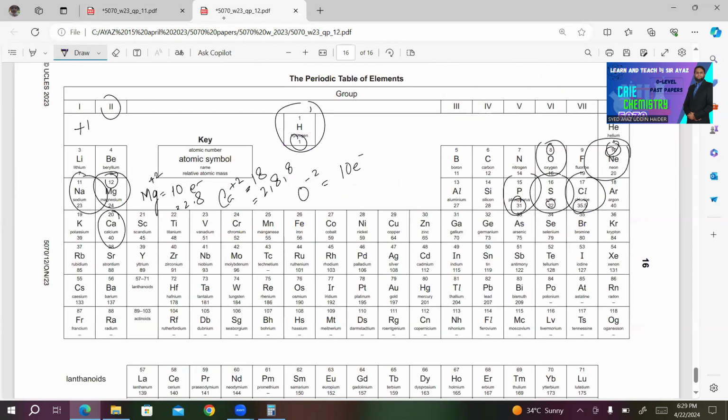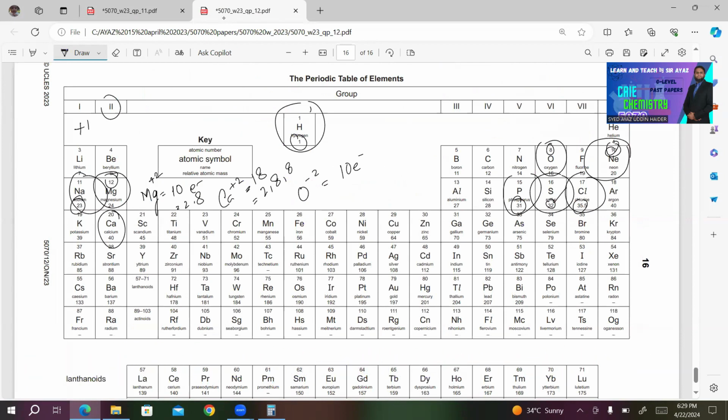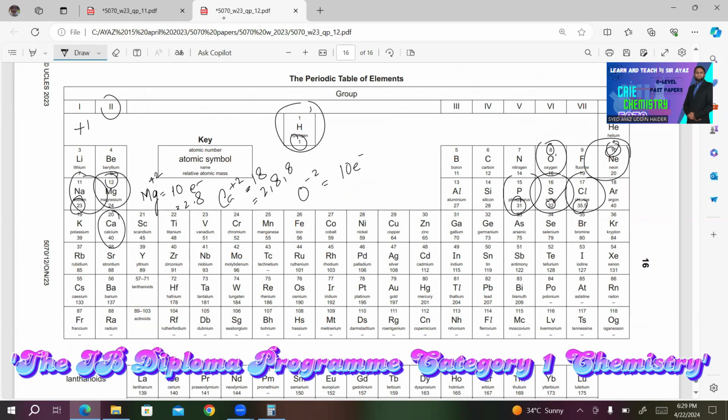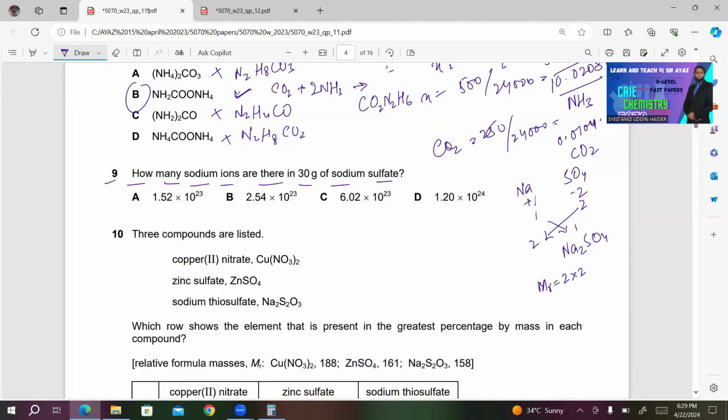What about the MR of Na2SO4? Na, AR is 23. S, AR is 32. Oxygen, AR is 16. So 2 multiplied by 23 plus 32 plus 4 multiplied by 16.